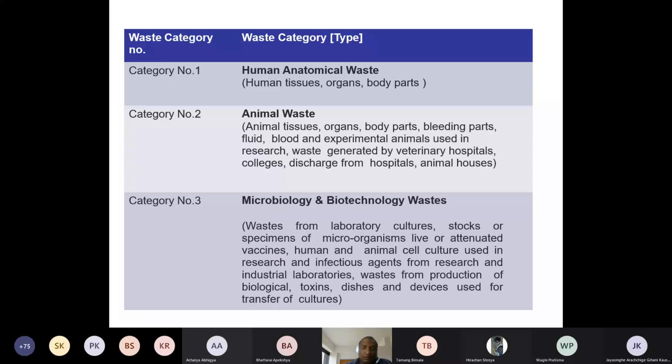Category number two, animal waste: animal tissues, organs, body parts, bleeding parts, fluid, blood, and experimental animals used in research.